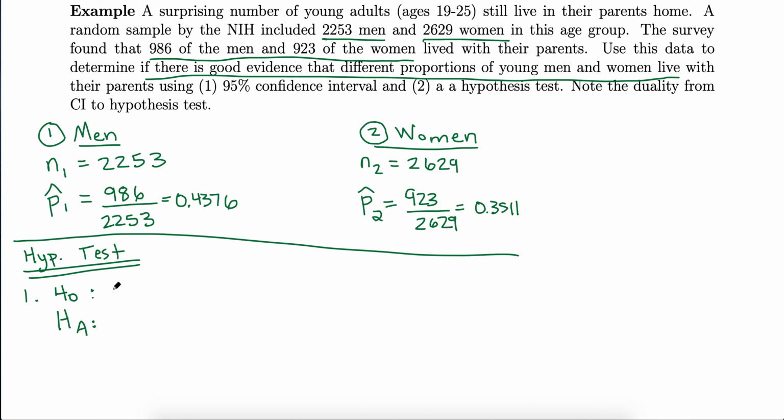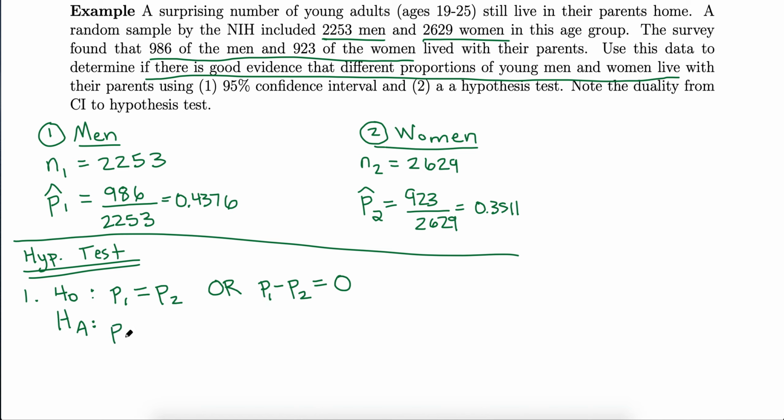Our initial assumption is always going to be that the two groups have the same proportion. There's no difference in the proportions of men and women living with their parents. Remember, we had an alternative way we could write this. Just choose one. You don't have to write both of these down. I'm going to write both just for practice. Saying they're the same is the same thing as saying their difference is 0. There is no difference in the two groups.